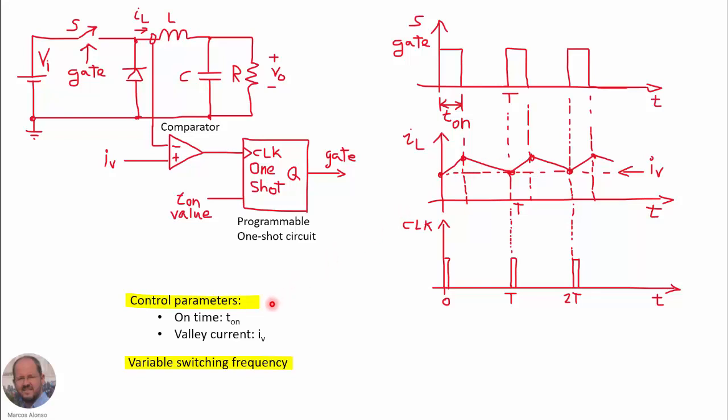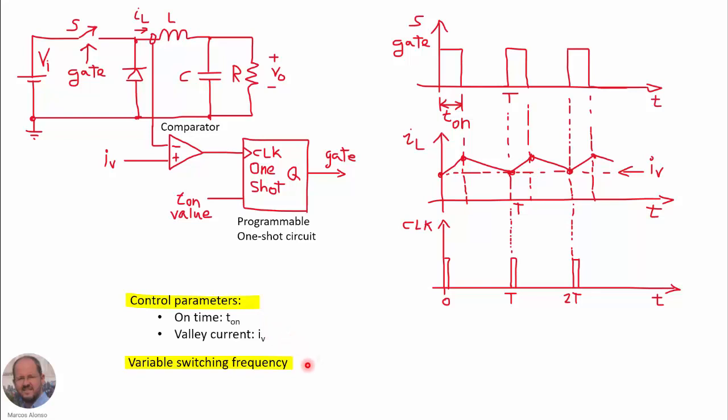So as we are summarizing here, we have two control parameters. One is the on time, TON, that we are going to use to activate the switch. And the other control parameter is the value of the valley current of the inductor IV.